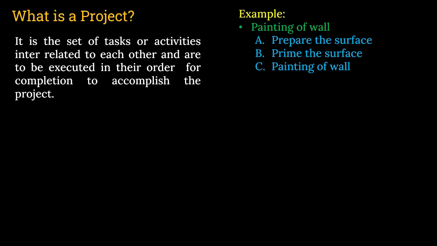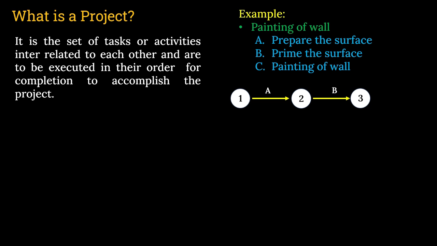If that is the project for all of us, and you want to put it in network analysis and visualize it, it goes like this. First, we are going to start with task A. Task A will start and then be completed. Once that is completed, we can start task B, that is prime the surface.